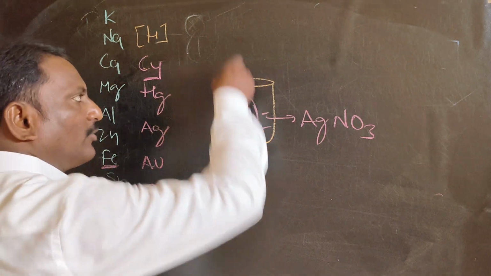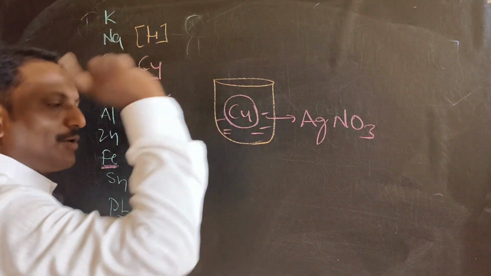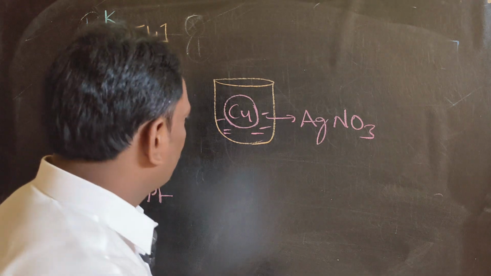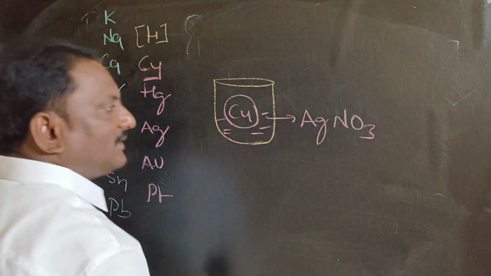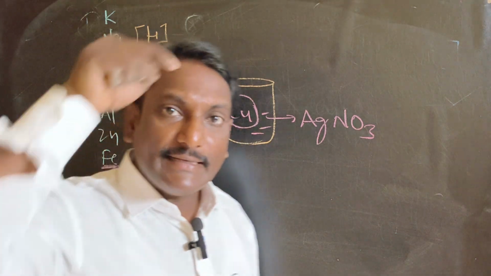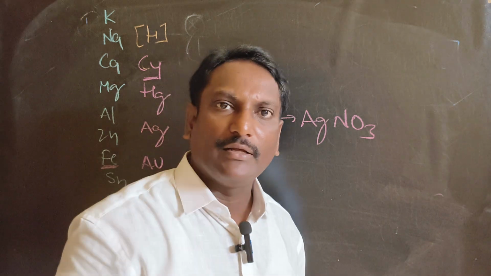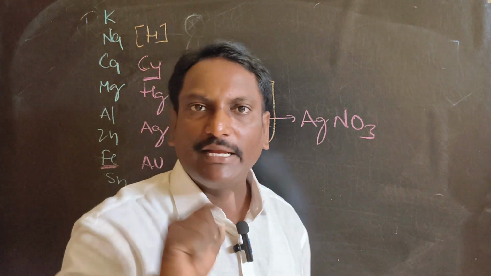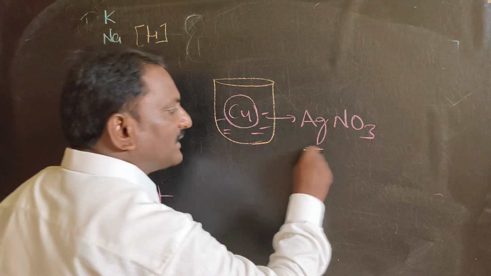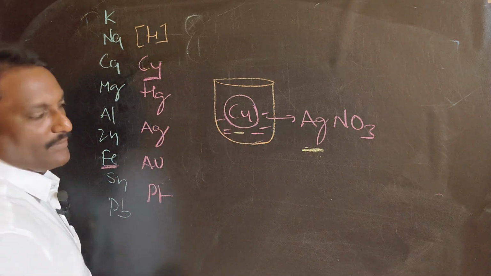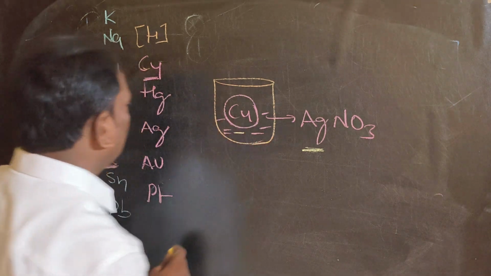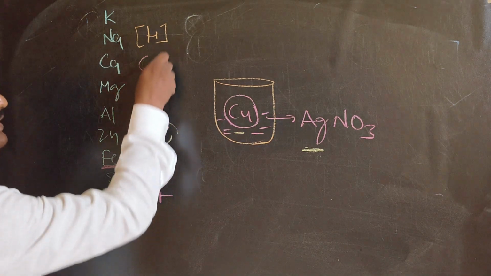Right. I dropped the copper coin. So the condition is that the entered element or metal must be more reactive than the existing one. This one is the existing one, this one is the entered one. Let us write the relation. Silver is here, copper is here.